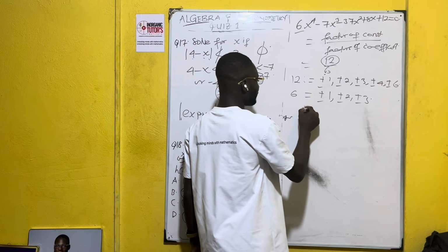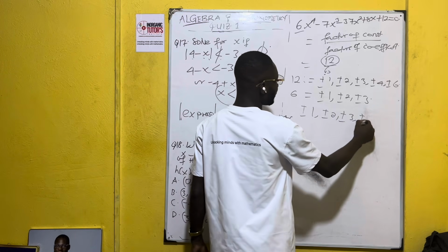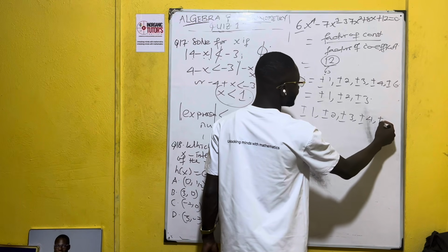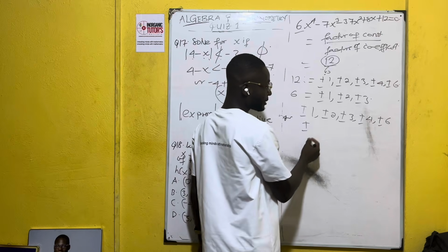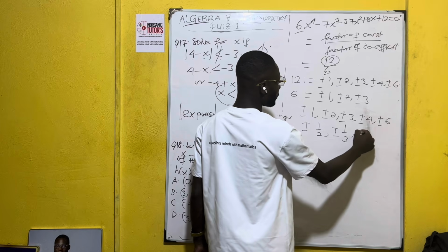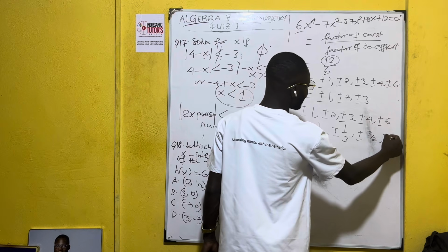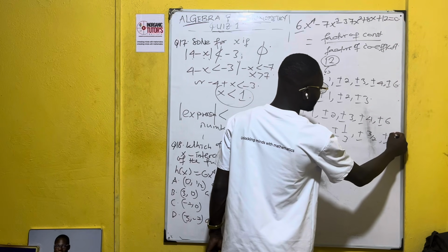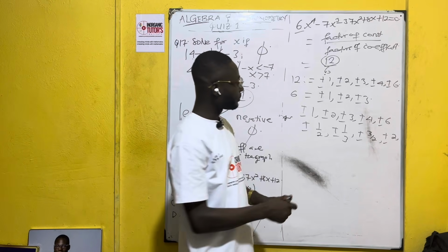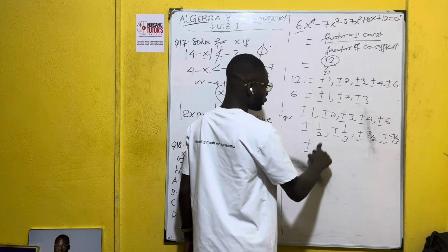So we are going to have plus or minus 1, plus or minus 2, plus or minus 3, plus or minus 4, plus or minus 6, plus or minus 1 over 2, plus or minus 1 over 3, plus or minus 3 over 2, plus or minus 4 over 2, 4 over 3, and then plus or minus 2.